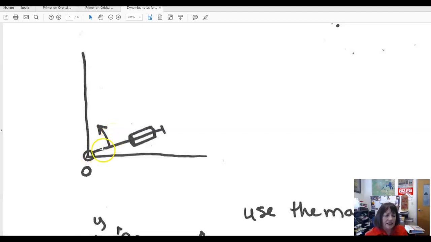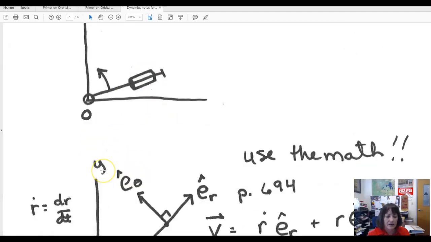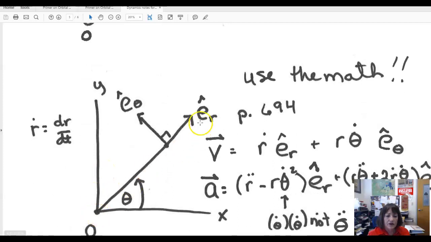Now, in this case, as the rod spins, the collar will also move unless it's fixed. If it's a free collar, it will move up and down that rod. And for that reason, we describe the motion along the rod and perpendicular to the rod. So we break it down into E sub r components. This would be along the rod, and E sub theta component, which is perpendicular to that.